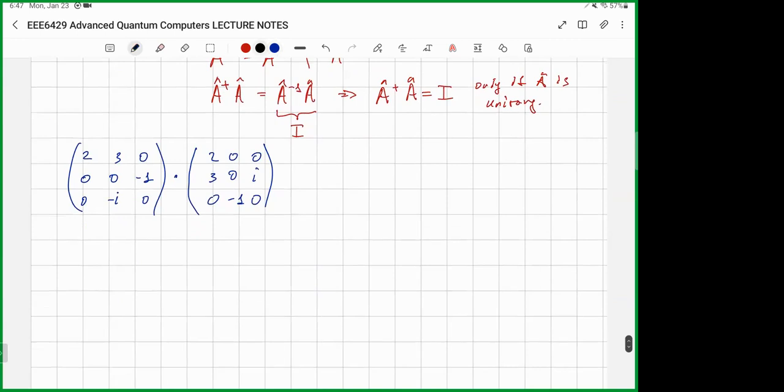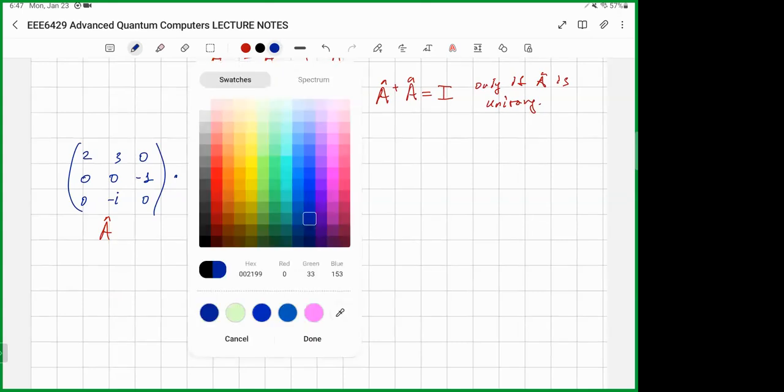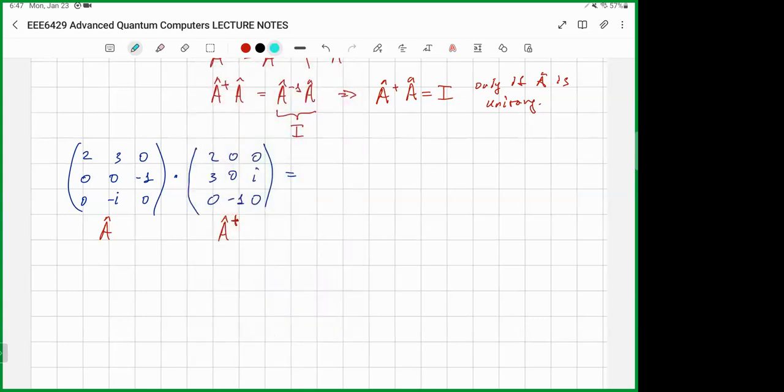Again, this is the A matrix and this is A dagger, the Hermitian conjugated matrix. We take the product rows by columns, as usual.